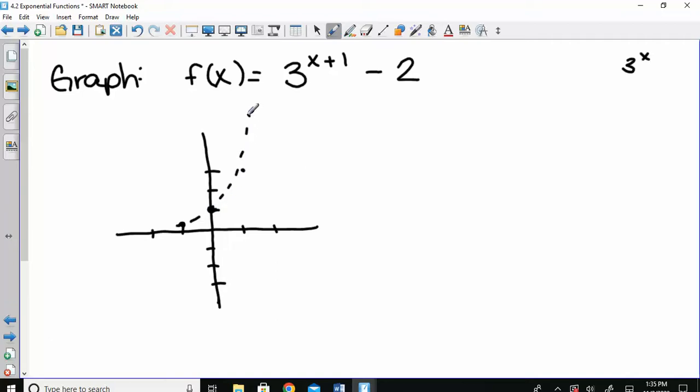I'm going to draw it as a dashed line. So transformation, what does that +1 do? What does the -2 do?